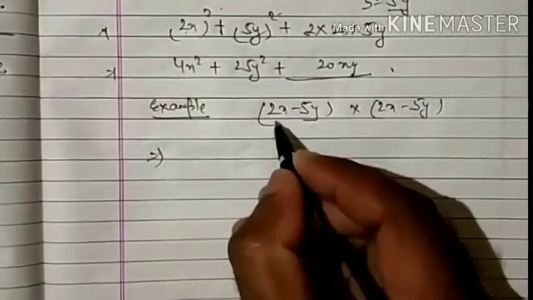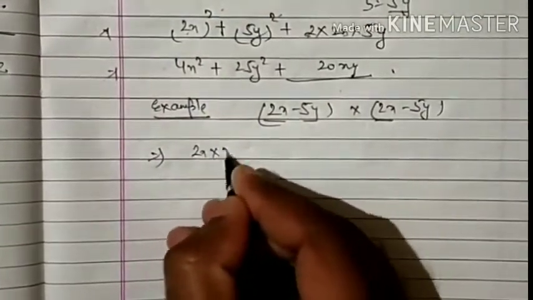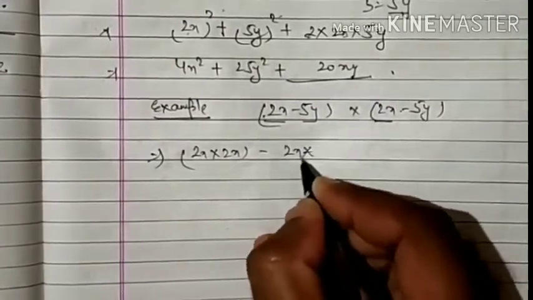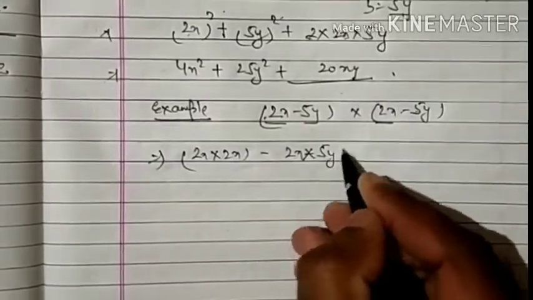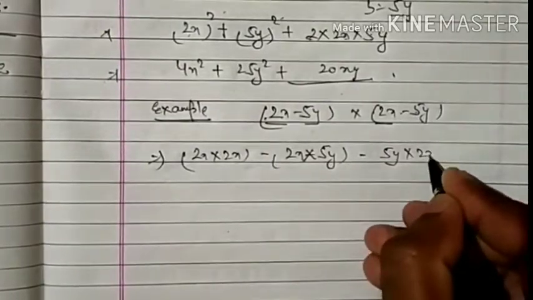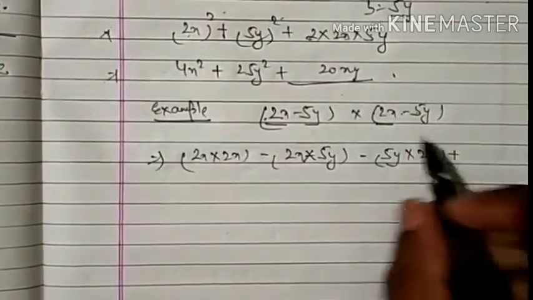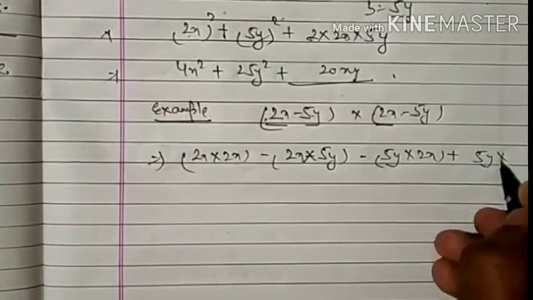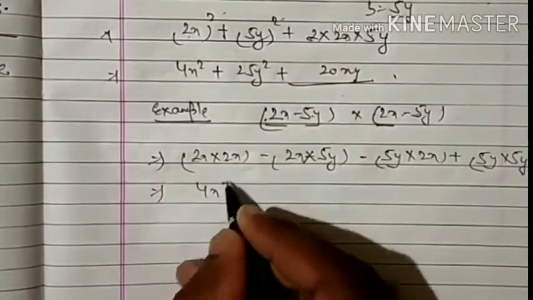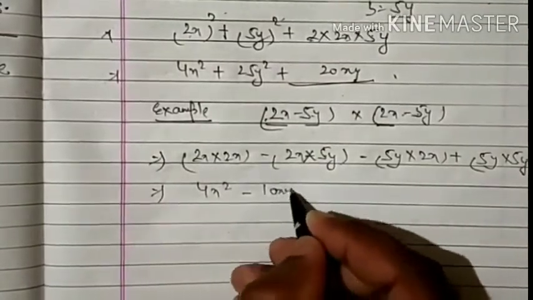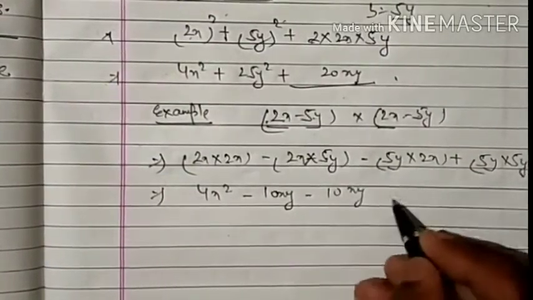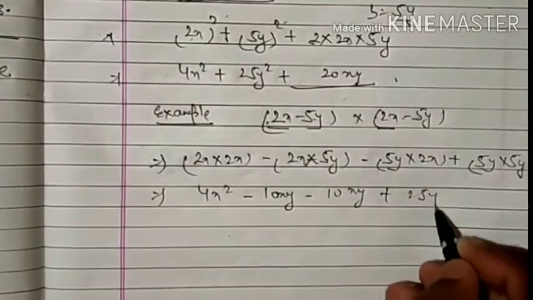Simply with the previous method, 2x multiplied by 2x, plus minus 2x multiplied by 5y, minus 5y multiplied by 2x, plus 5y into 5y. 2 twos are 4x square, minus 5 twos are 10xy, minus 5 twos are 10, y into x, will be equal to 10xy, plus 5 fives are 25y square.